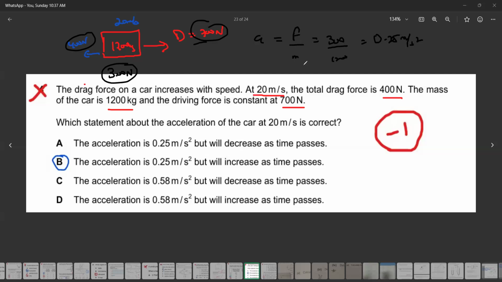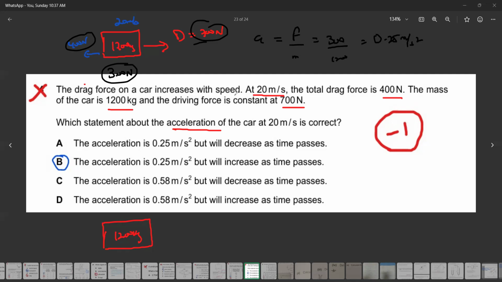Now, what will happen as the car accelerates? The mass of the car is 1200 kg, the drag force increases with speed, and the driving force is a constant 700.